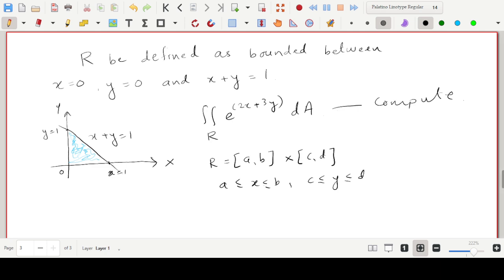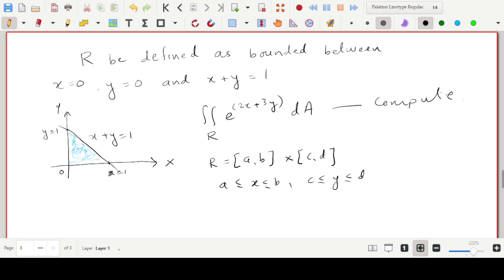Writing the region in this form, as I remarked in the previous lecture, writing the values of x in terms of inequalities is often useful, and that casts some light on the limits of integration, and that will be demonstrated in this case, how writing inequalities comes in handy.